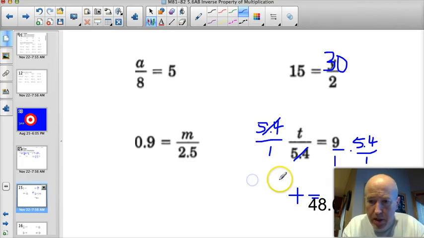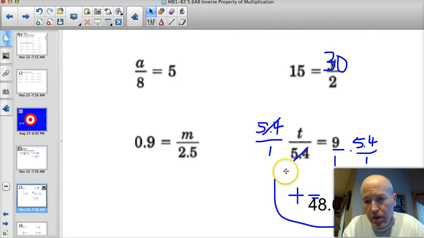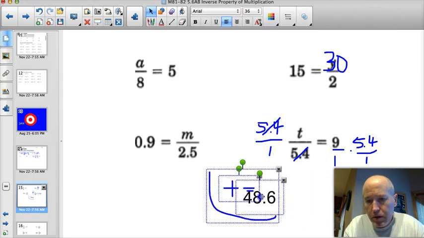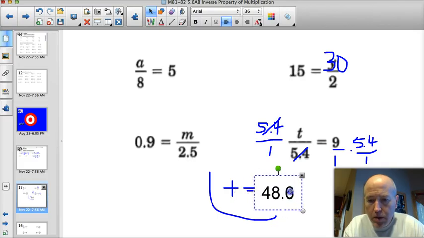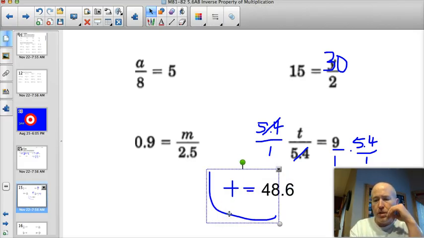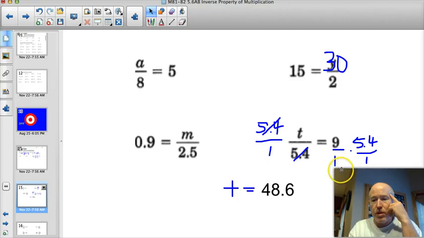I'll just type that one in, and I'm going to grab all of that and move that over so you can see it a little bit better. So t equals 48.6. That's what I'm thinking the answer is.